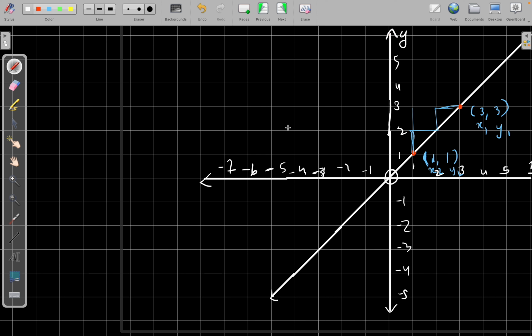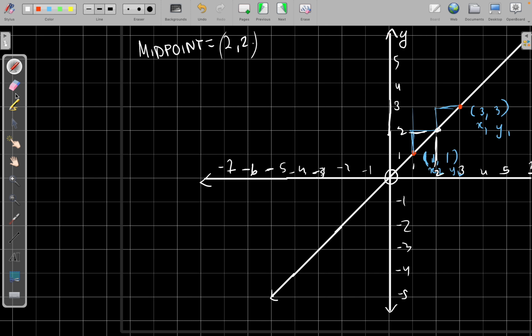Okay, the midpoint formula. Again, we're going to take the same 2 points, and it's going to be right there. So we know the midpoint is 2, 2, which is right there, but we're going to use a formula to figure out that it's 2, 2 and see if it's right.